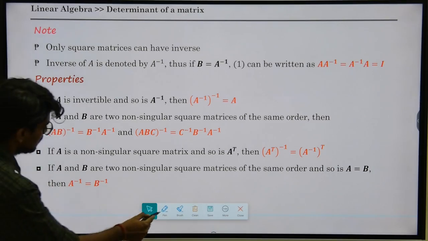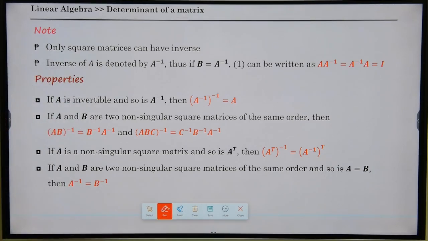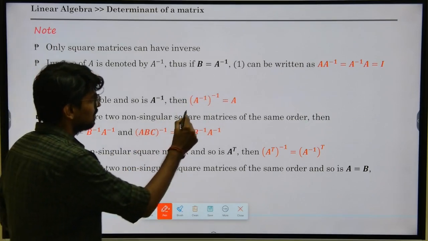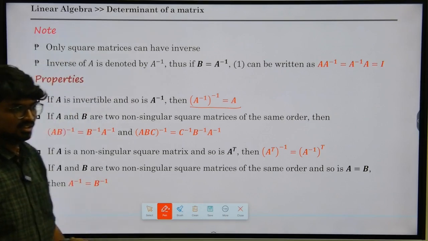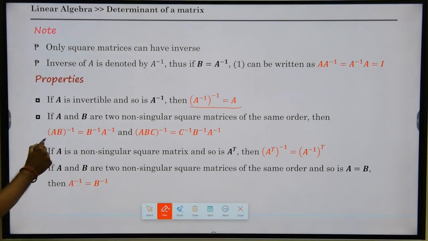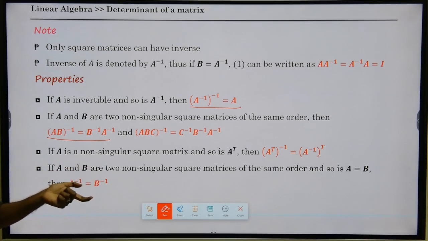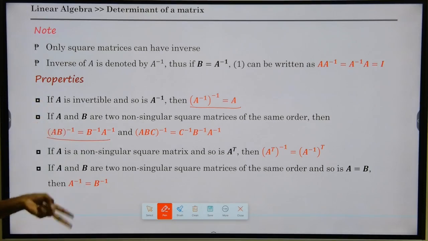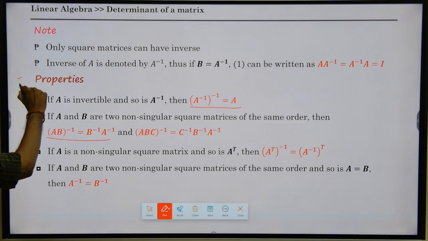Okay, properties. First property, A inverse whole inverse. If I apply inverse and then again apply inverse, it is going to become that particular matrix itself. These are again basic ones. This one is very similar to transpose. AB whole transpose equals B transpose A transpose. AB whole inverse equals B inverse A inverse. This is the second set of properties, right? First I gave for transpose, now the second set. These are also important.